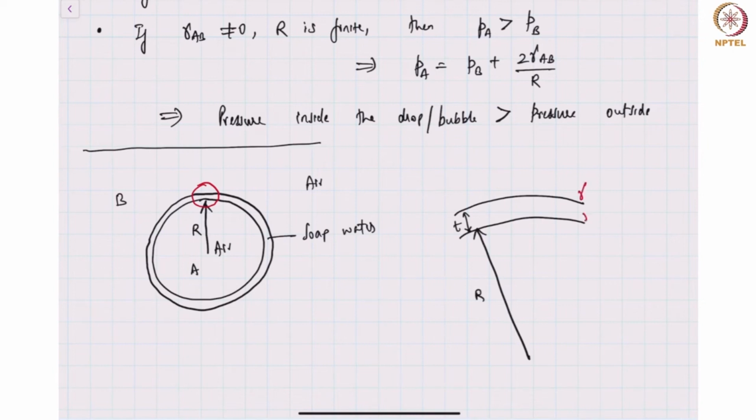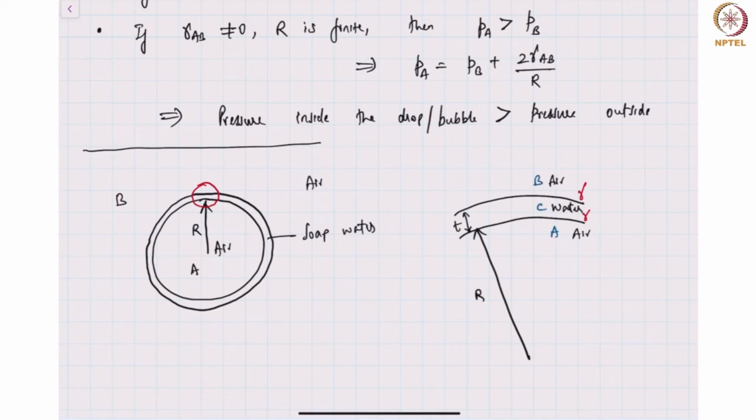We have a gamma and a gamma. So we have air here, and let's say I'll just say water. It's soap water, and you can even label them here. We'll call this region A, this region B, and this region C.